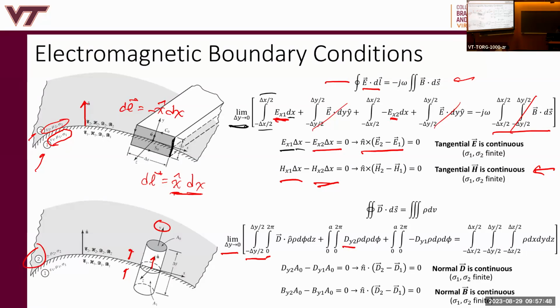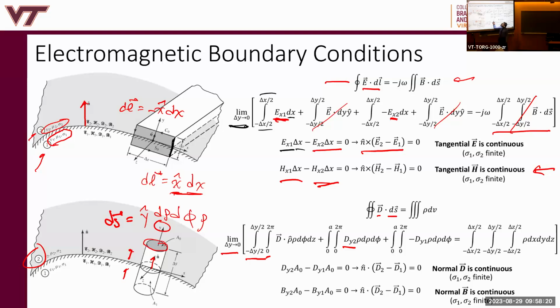We're talking about Dy2 because we took D dotted with dS. dS for the upper surface is y hat, we need d rho, and then we need d phi, and there should be a rho there because of d phi. Rho d phi.